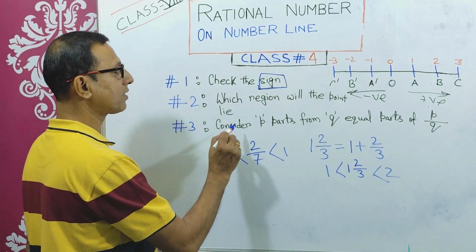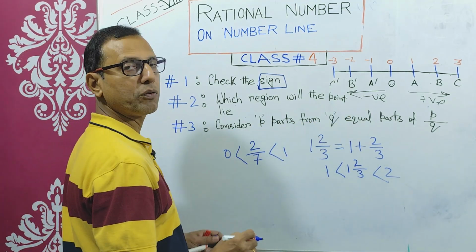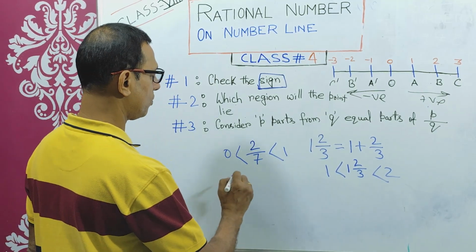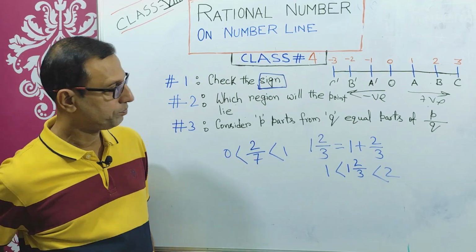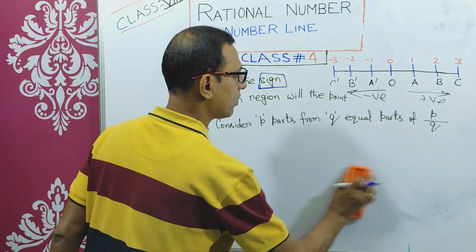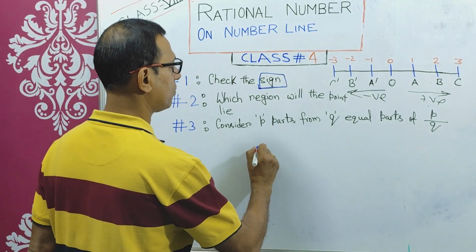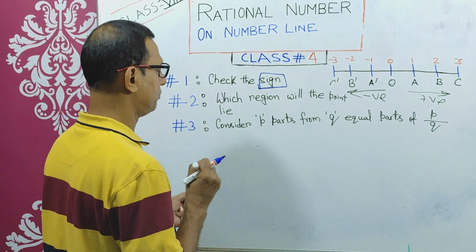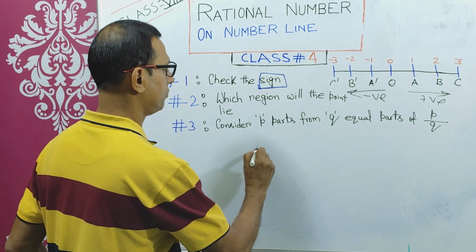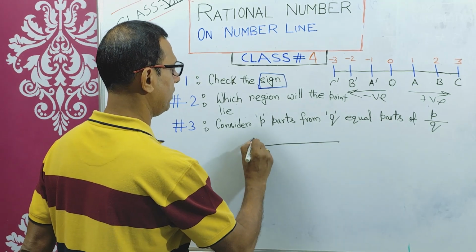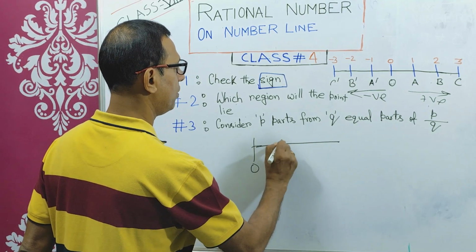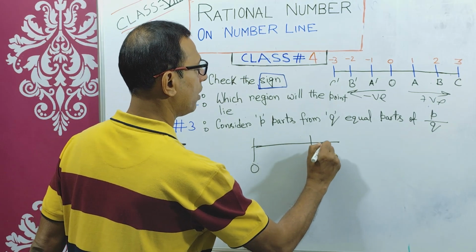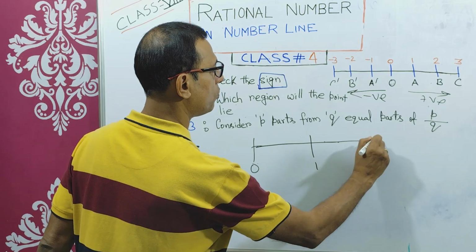And the third point is, consider p parts from q equal parts. That means, let's say there is one line, with 0, 1 and 2.